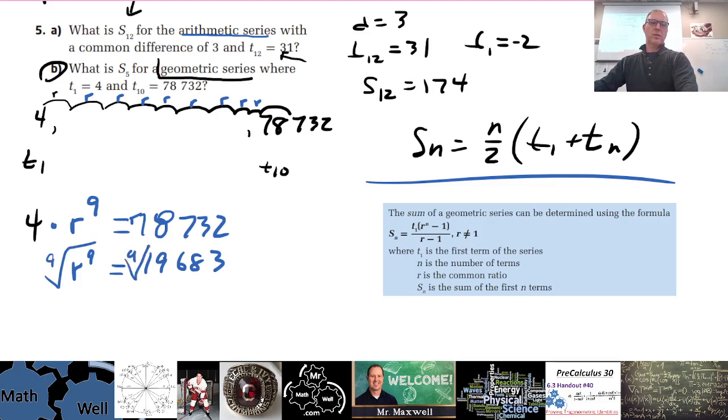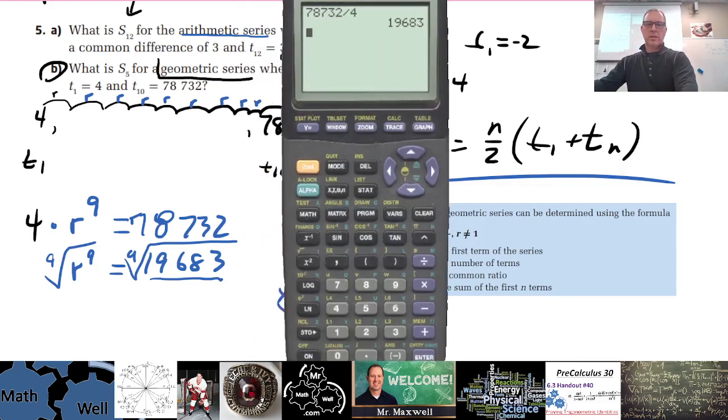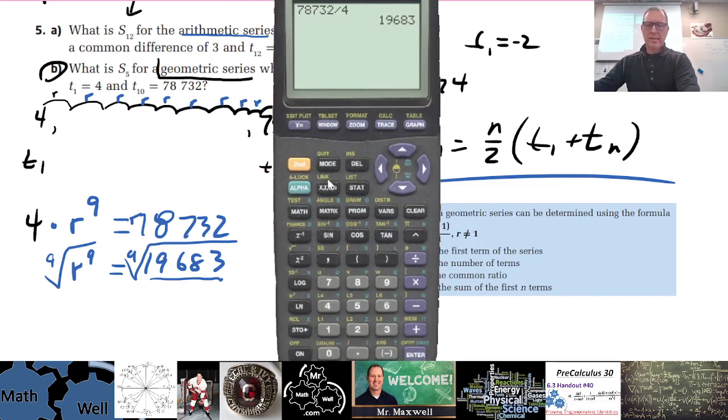On your calculator, you're going to have to figure out how to do that. Some of you might have a 1 over y button. If that's the case, then you take 19,683 to the power of 1 over 9. That would work. Some of you may have an x root with an index. Put a 9 there then. It depends on your calculator. Figure out how to do that.